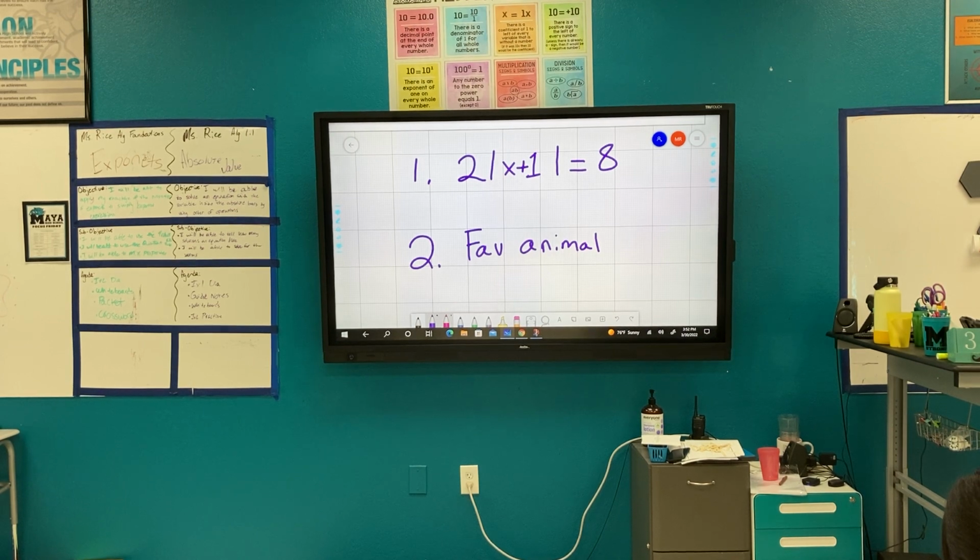Okay. So, how about this? Let's say, go back to the exit. Let's say negatives are going to be these squares. Okay? Let's say positives are going to be these circles. At the bottom is a circle and a square together, cancel each other out. So, if this is my total amount I have out, let's say I'm playing here. Can I cross any out? Do I have anything that could be crossed out if I combine them?